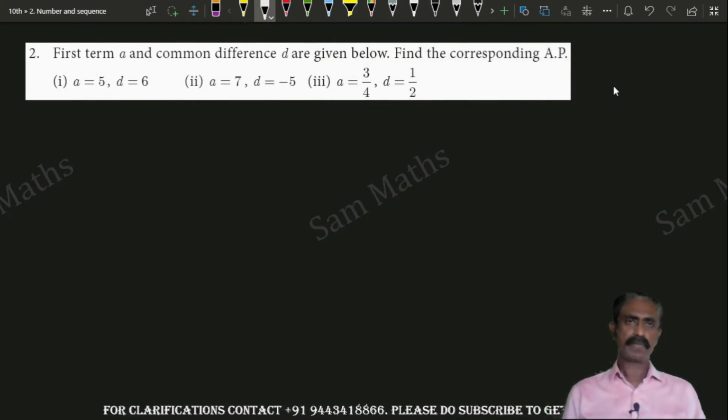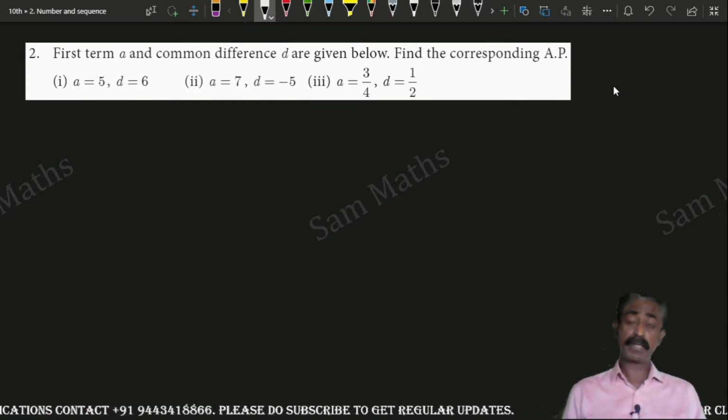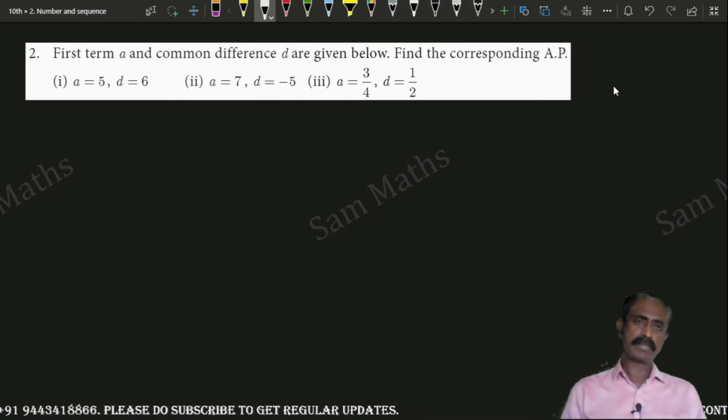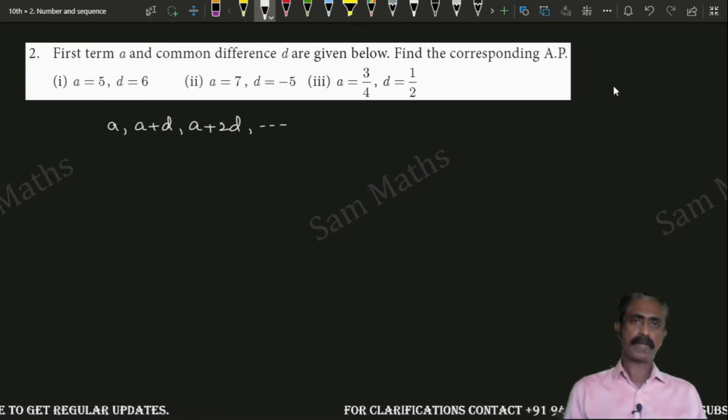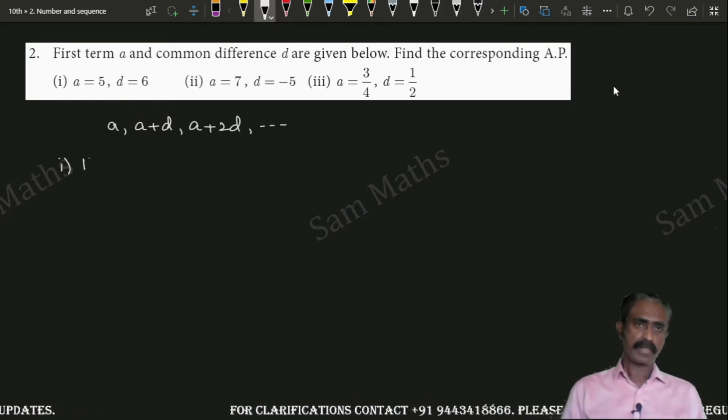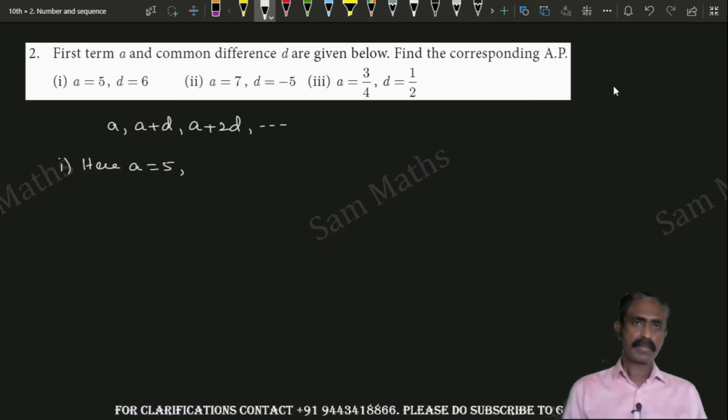Second question, first term A and common difference D are given below. Find the corresponding AP. So you know that the general AP is A, A plus D, A plus 2D, and so on. The first subdivision, here A is equal to 5, D is equal to 6.